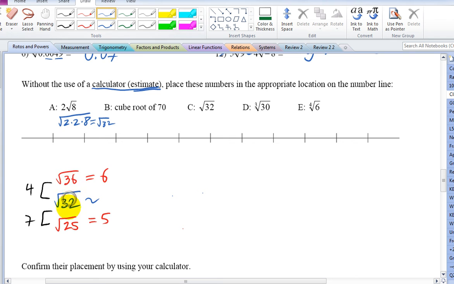Because 32 is in between these numbers, so wouldn't our estimation need to be in between those numbers? 5.5? We could do 5.5, but that would mean this number's right in the middle. Is it right in the middle? Well, it seems to me like it's closer to this number. So take another guess.